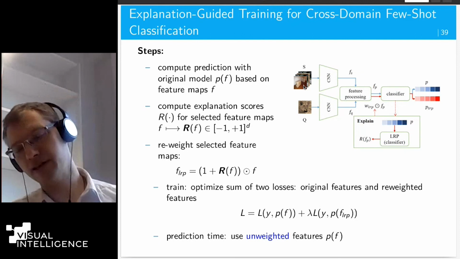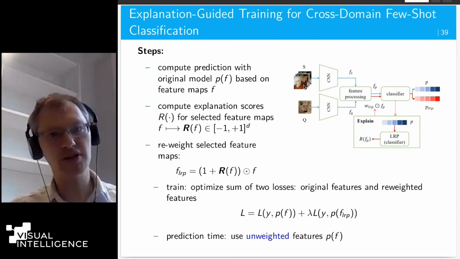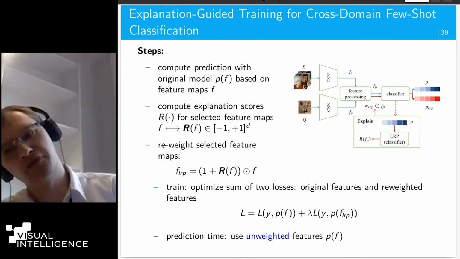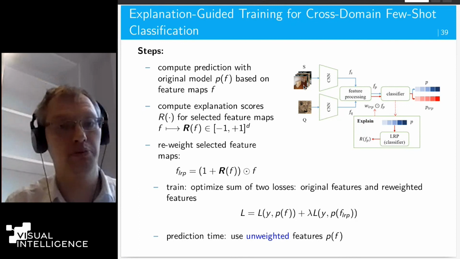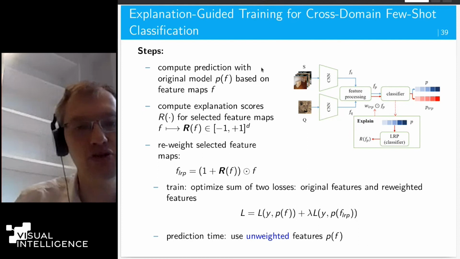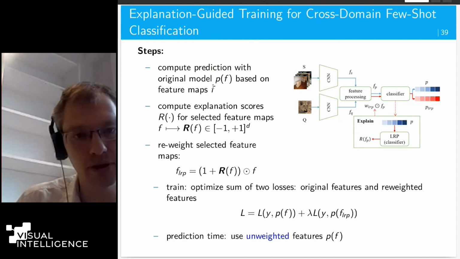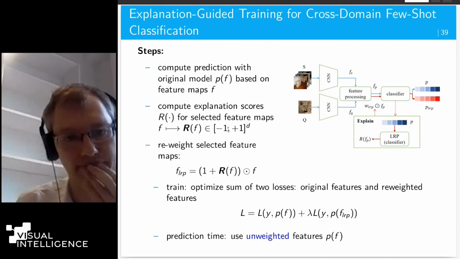Okay, how can we use explanations? And it does not need to be LRP, but we use LRP because I know it has information content, so it works. How can you use explanations to improve the model? During training, at first I compute the prediction of the original model based on the original feature map.